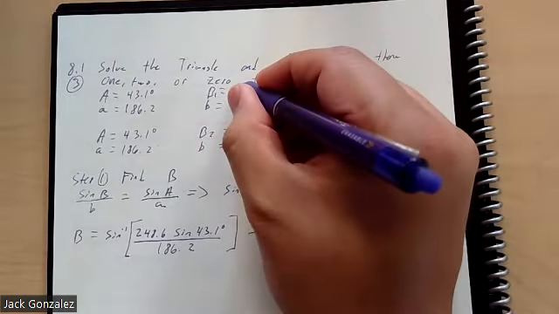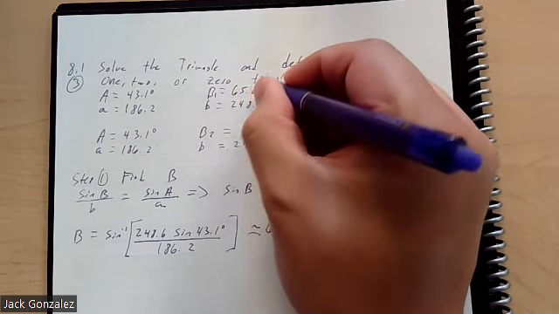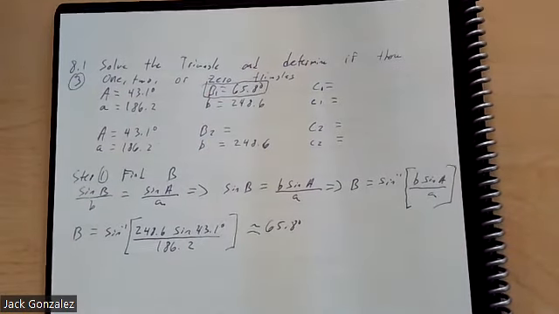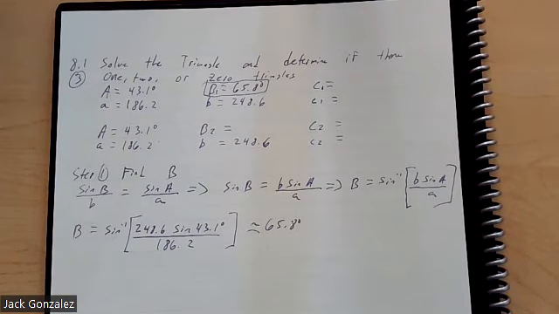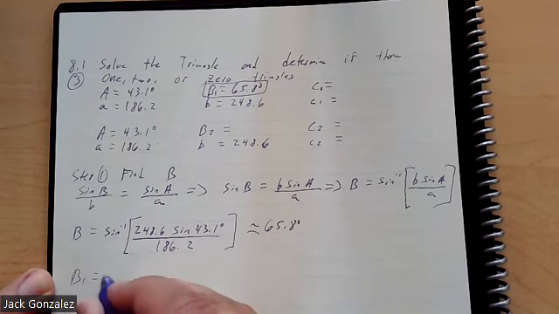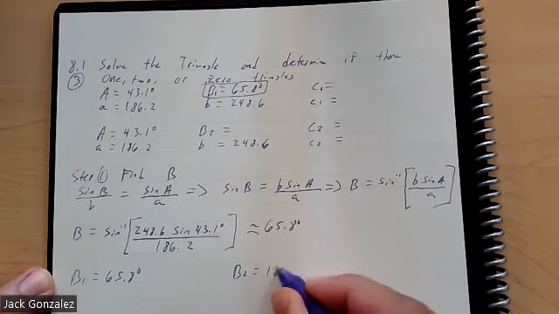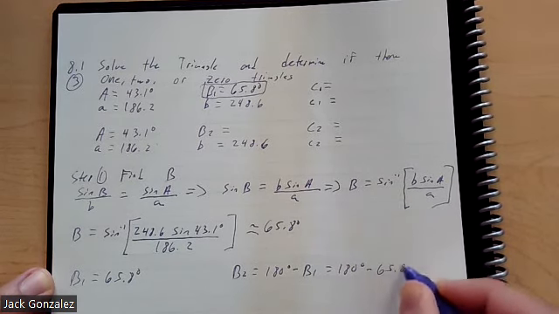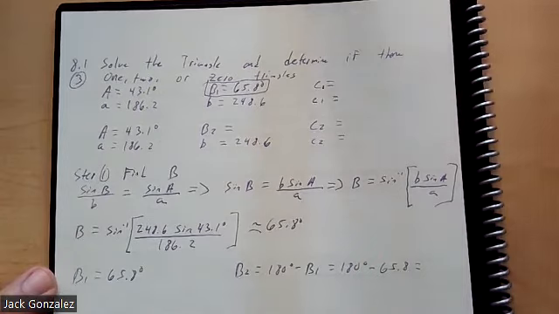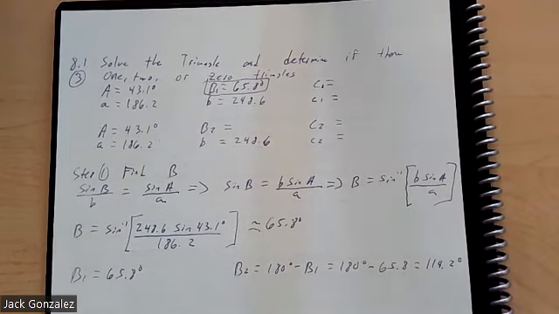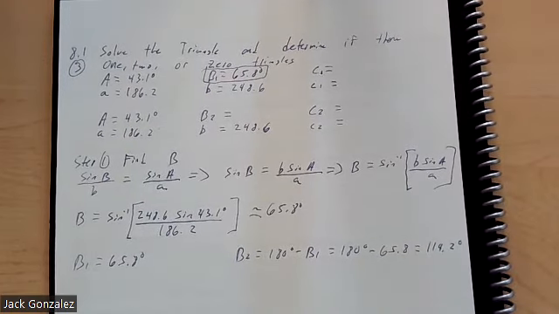So that is my B1 right here. All right, so we got to check, right? B1 is equal to 65.8. B2 is equal to 180 minus B1, which will be 180 minus 65.8, which is 114.2.